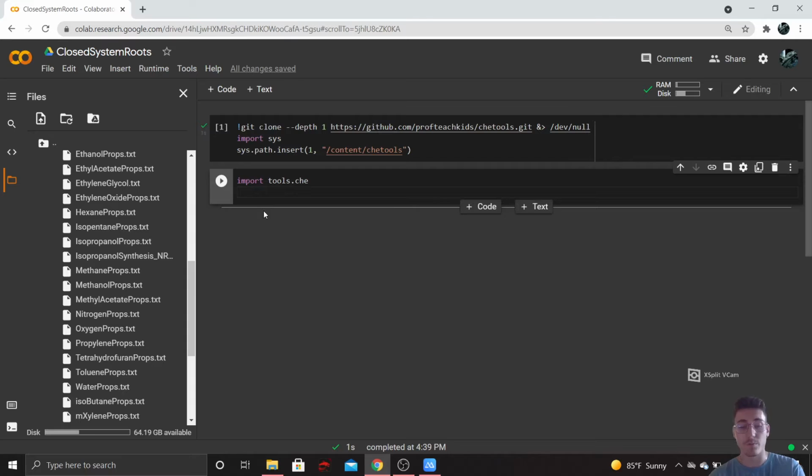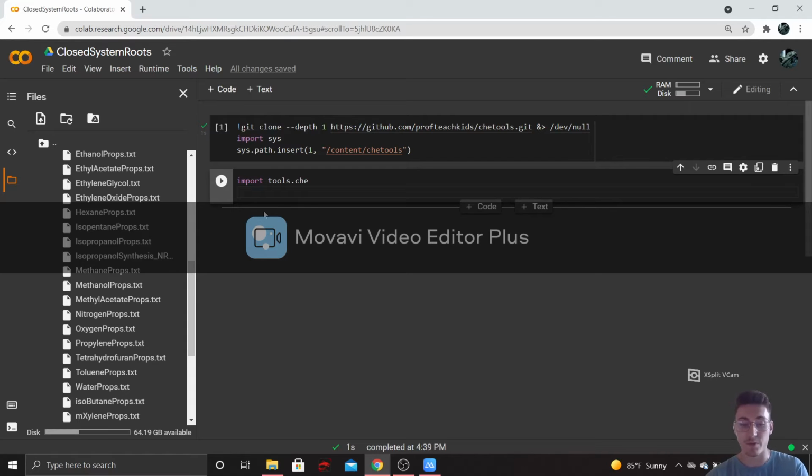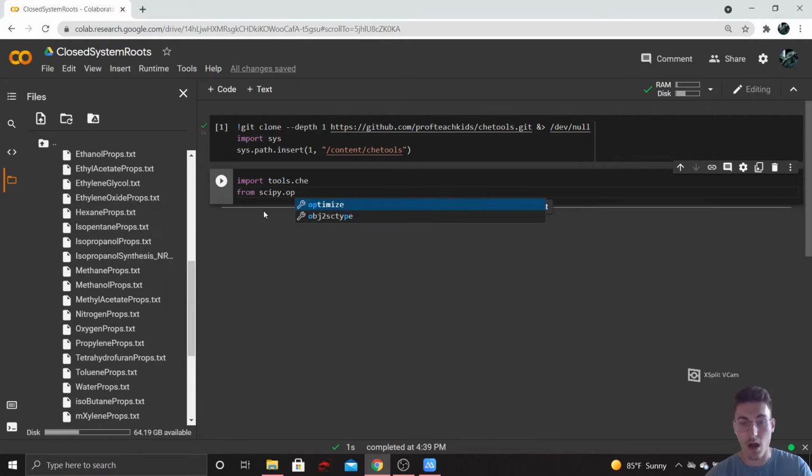And then also, to find the roots, we need the root function from SciPy. So from scipy.optimize import roots.